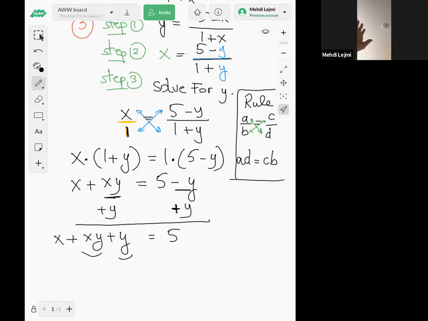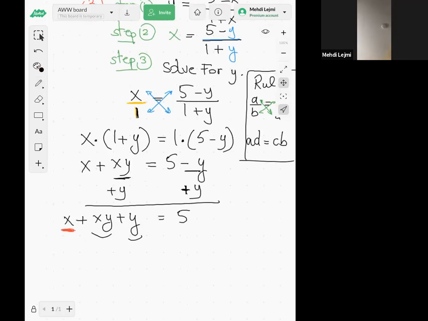Now everything else which does not involve y has to move to the other side. So for example, here there's an x by itself, there's no y in this term. So this x has to move to the other side. All right, so to move it to the right side, I'm going to subtract x.